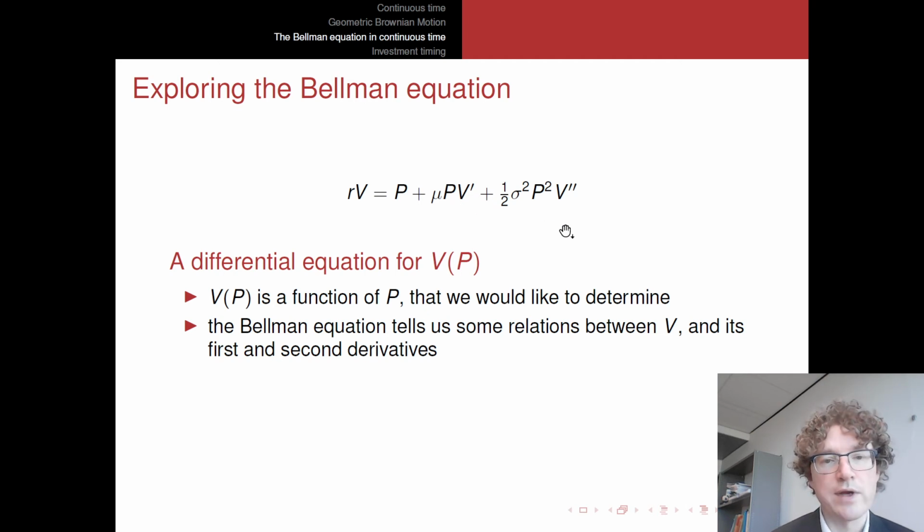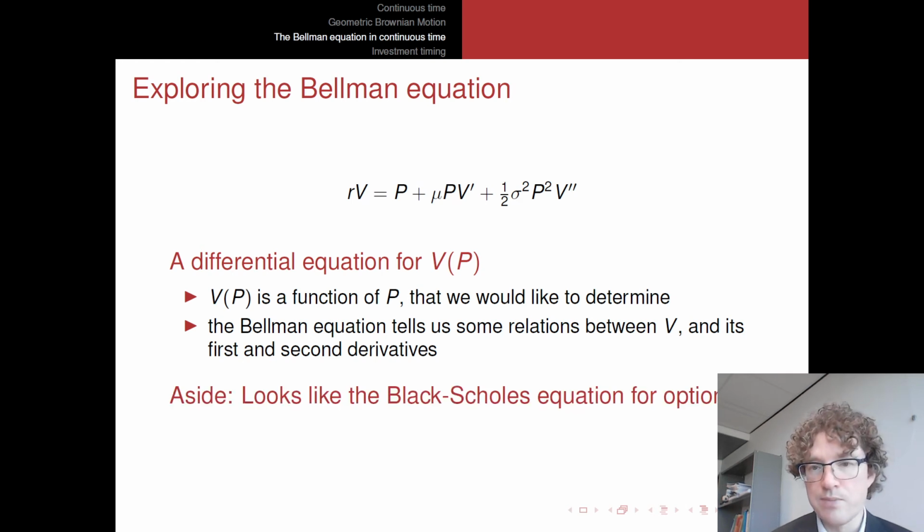And what does solving a differential equation mean? It means finding some function V of P that solves this particular equation if you plug it in. It's this function V of P that we would like to determine. And this Bellman equation basically tells us that there exist these relations between this function and its derivatives.